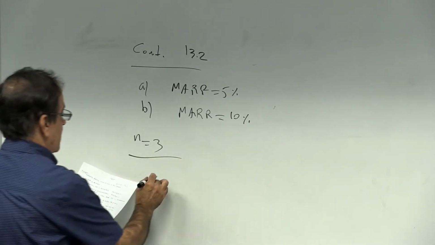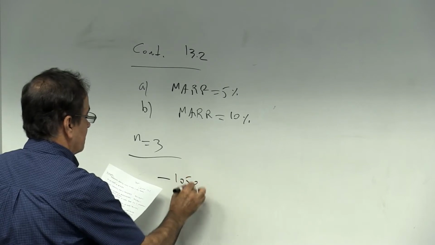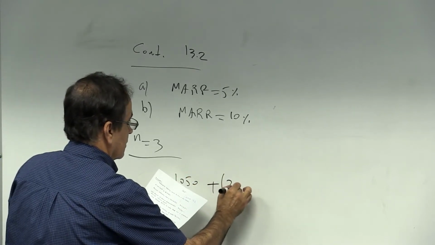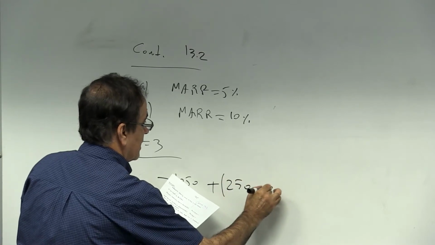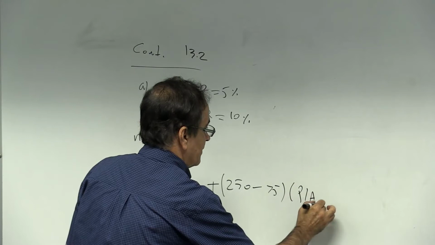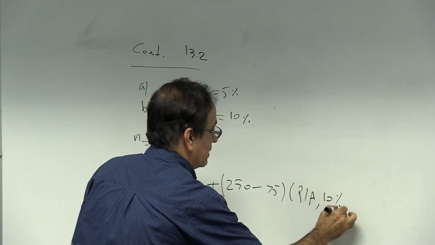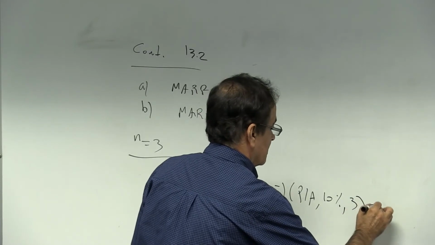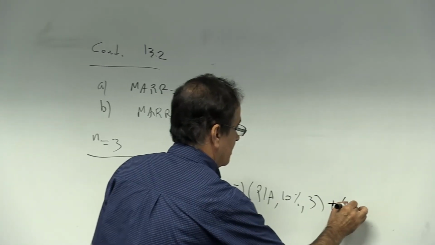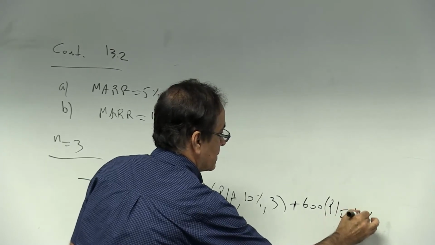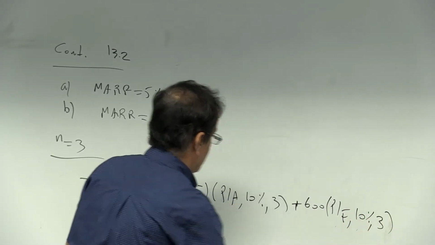So you're going to have 1,050 for the first cost, plus 250 minus 75 times P given A, this time 10% and 3 periods, plus the salvage value, 600 P given F, 10% and 3 periods.